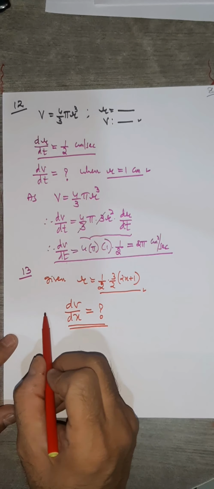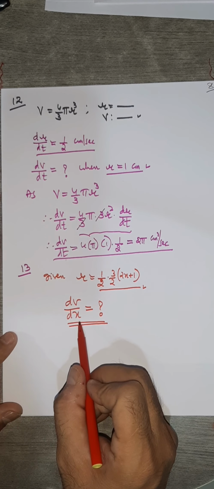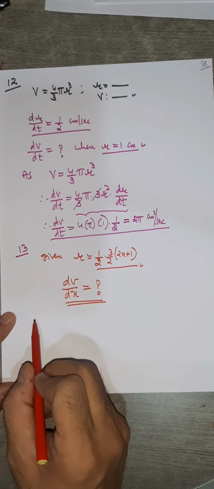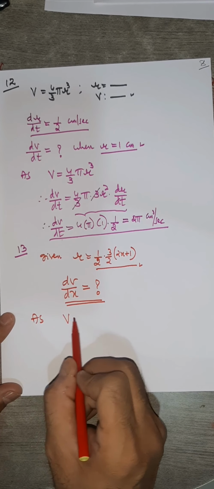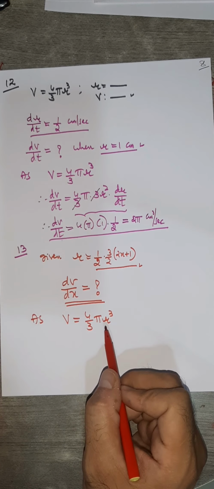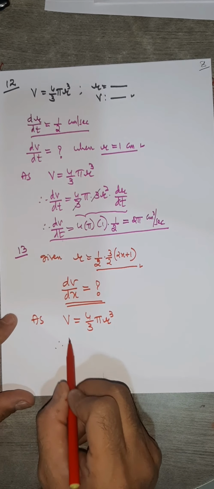This is the question, right? Get the change in the volume with respect to x. Okay, that's what you want. Now, we know what's the volume? 4 by 3 pi r cube. We know this. So you just put the value of r from here.